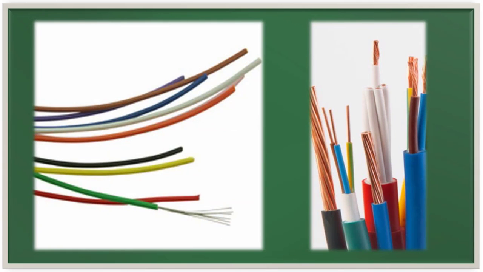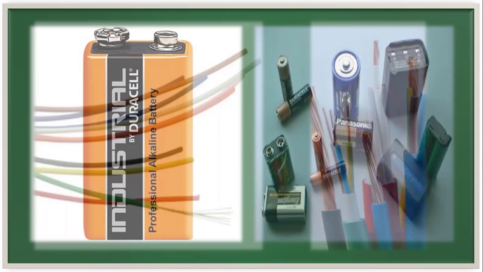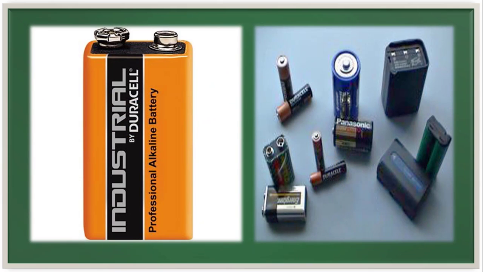Then comes the wire in which the electricity flows and therefore the circuit gets completed. And then there is battery, which we have already discussed usually consists of a group of cells. Battery normally consists of several cells, thus giving it a bigger size and making it bulky as well.